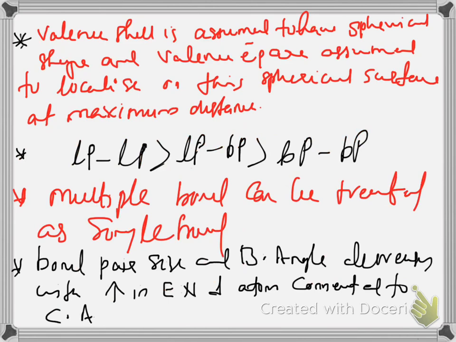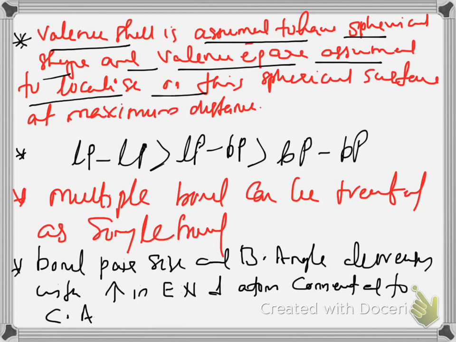Valence shell is assumed to have a spherical shape and valence electron pairs are assumed to localize on this spherical surface at maximum distance. That is the third postulate.